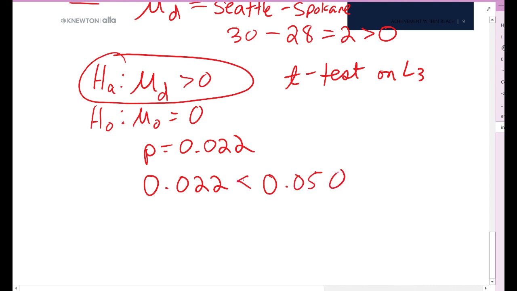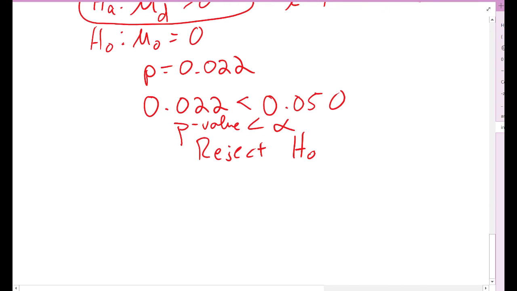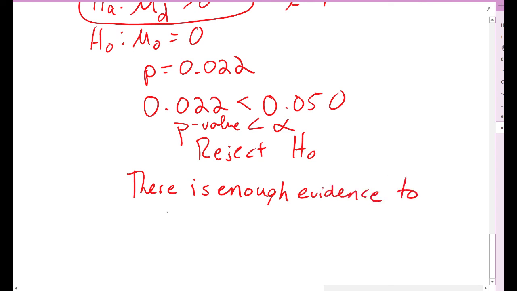0.022 is less than 0.05. The p-value is less than alpha, therefore we should reject the null hypothesis. Which means what? It means there is enough evidence to support the claim.